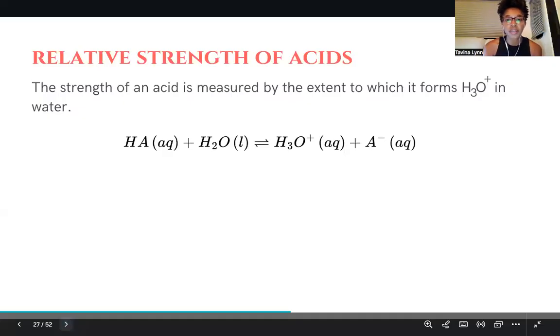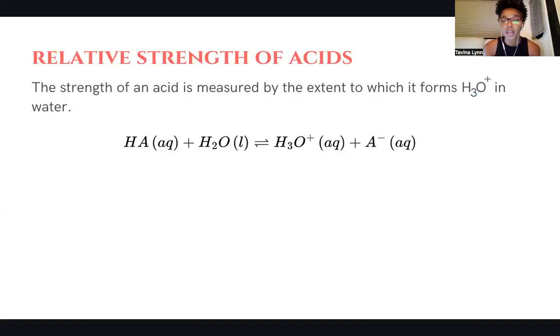The strength of an acid is measured by the extent to which it forms hydronium ions in water. So here is a reaction of our acid. HA is an acid, right? We have that hydrogen that it can donate. When it dissociates in water, it's going to form hydronium ions and its conjugate base.